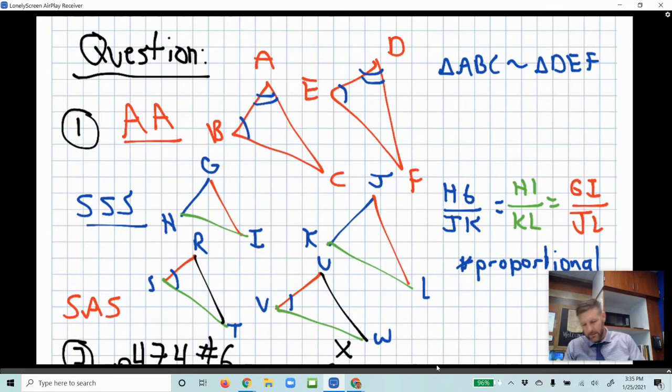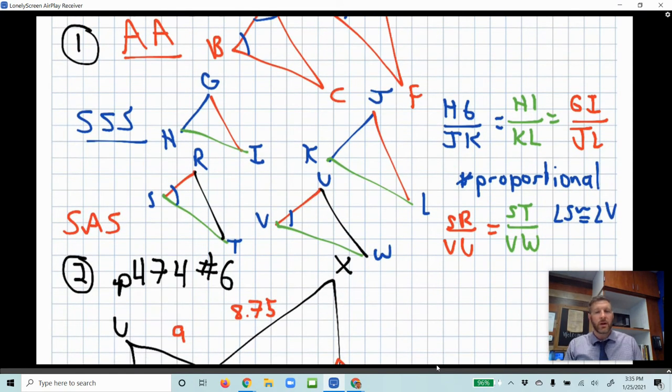If we write it just like we did before, if SR divided by VU is equal to ST divided by VW, and you've got the fact that angle S is congruent to angle V, then those two triangles are also similar.